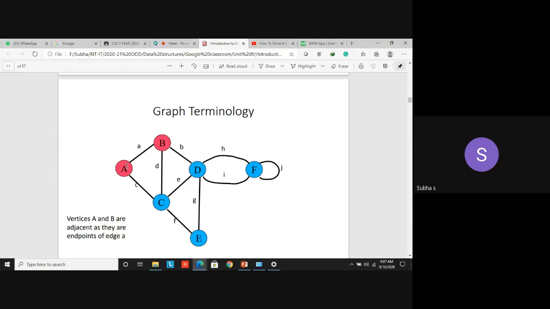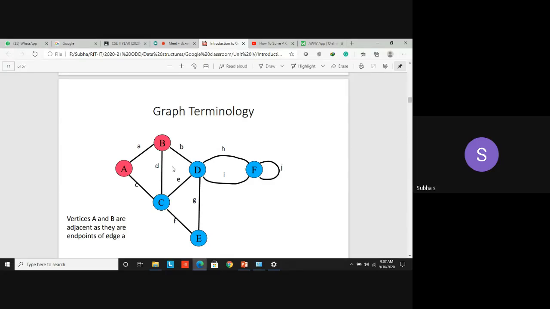Here A and B are said to be adjacent because there is an edge connecting A and B. I can't say A and D are adjacent, capital D, because there is no direct path from A to D. If the nodes are considered as endpoints, then those particular vertices are considered as adjacent.